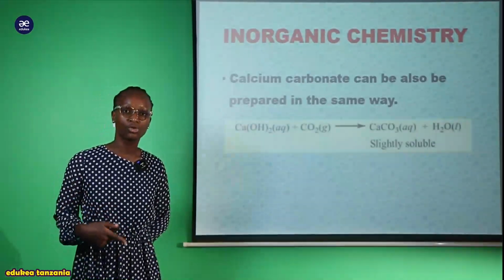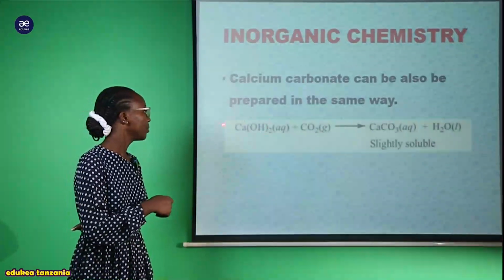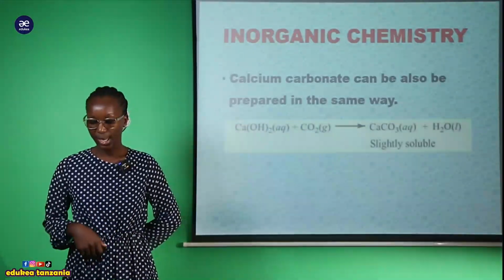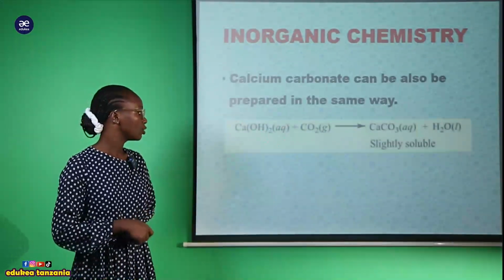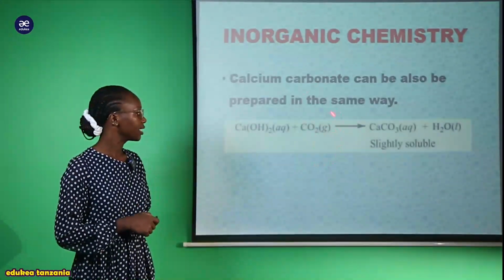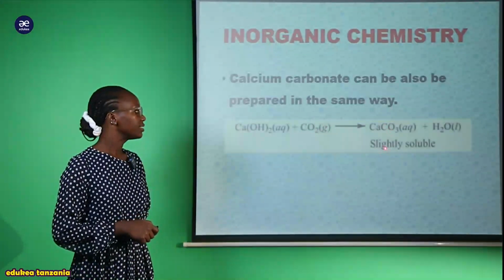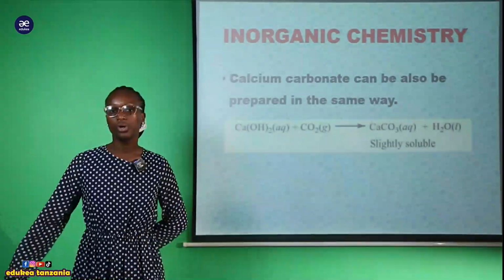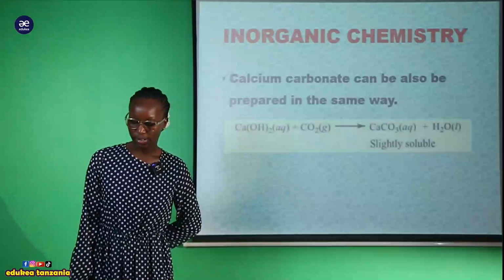Sasa tunapokuja kwenye preparation now, anasema kwamba it is prepared in the same way kama hawa wengine. Mfano, lazima tuchukue hii solution ya nani? Ya calcium hydroxide. Tukichukua solution ya calcium hydroxide ambayo tunajua kwamba hii ni alkali solution, tunaipass kwenye carbon dioxide gas. Therefore after passing it in the carbon dioxide gas, we are going to get this calcium carbonate which is slightly soluble, but also we are going to get the water molecule.